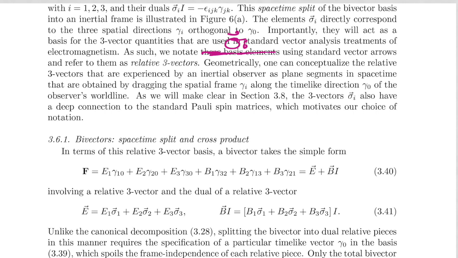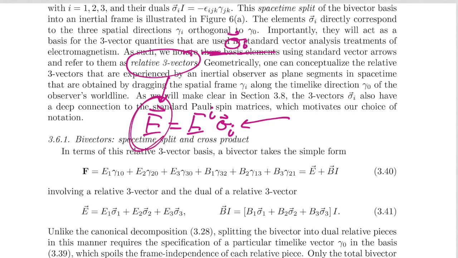And what they're really saying is that the E that I wrote down, I guess I could write it as E^i sigma_i, if I used Einstein's summation notation, which I'm allowed to do. E is a relative 3 vector, because it is built out of these new basis elements, this split in the bivector basis. So we're going to just call this a relative 3 vector, as opposed to a 4 vector.